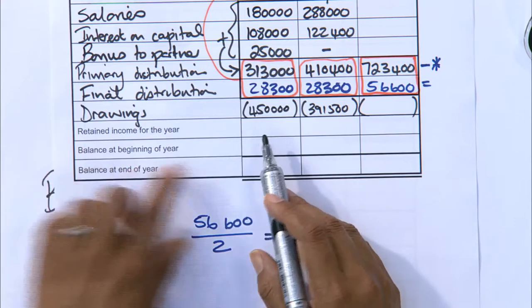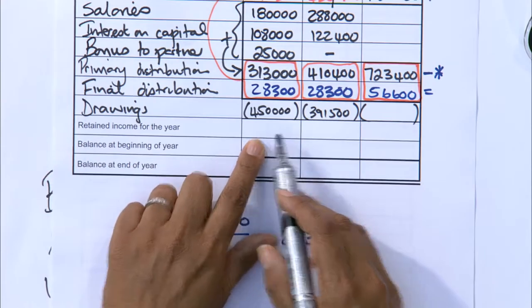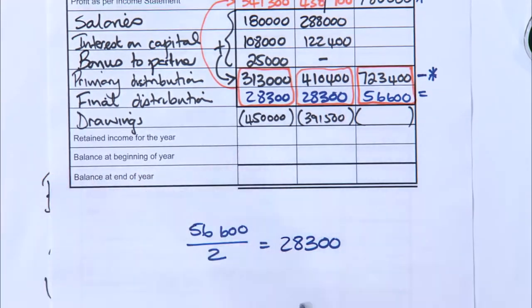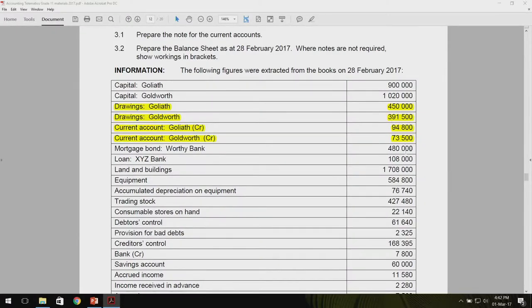There I have my retained income for the year, and that amount I get from my balances. So let's just go back to the notes again. There's my opening balances: 94,800 for Goliath and 73,500 for Goldworth. I'm going to use those amounts, my balances at the beginning. Although it's reflected at the end of the year, this note wasn't drawn up yet, so these are definitely my opening balances.